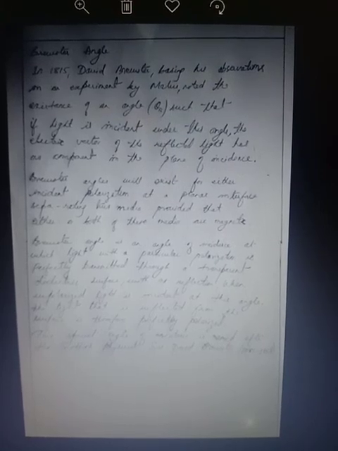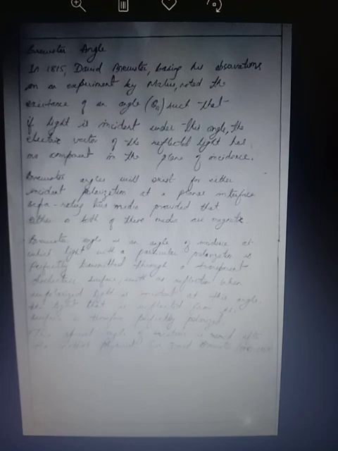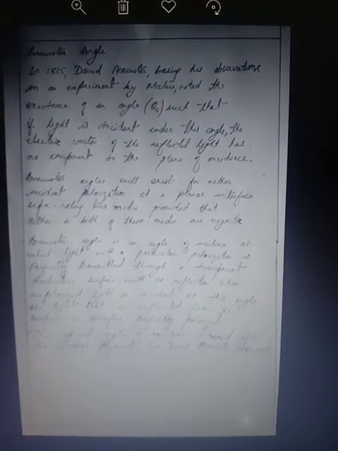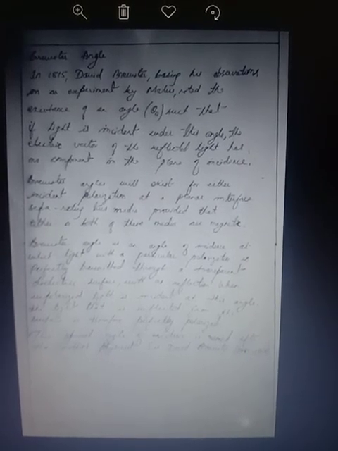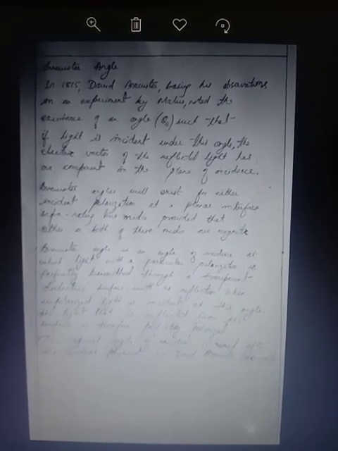Brewster angle will exist for either incident polarization at a planar interface separating two media, provided that either or both of these media are magnetic. Brewster angle is an angle of incidence at which light with a particular polarization is perfectly transmitted through a transparent dielectric surface.